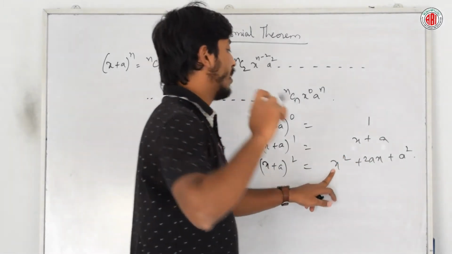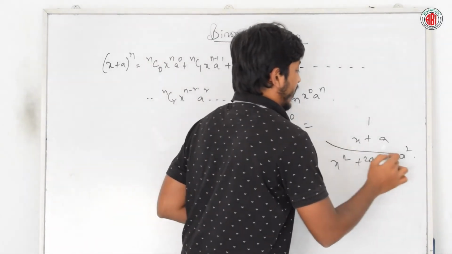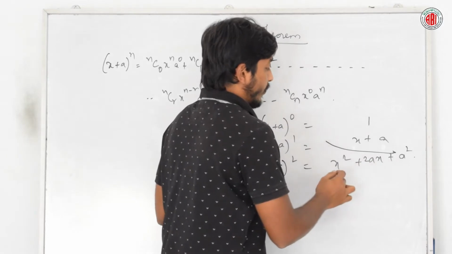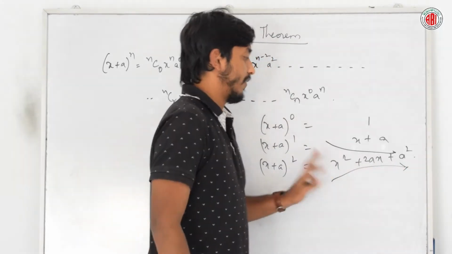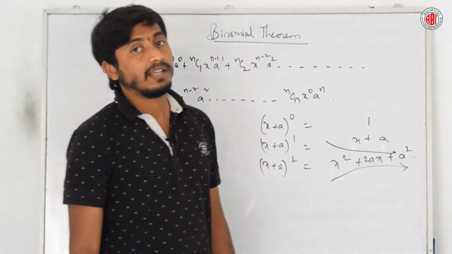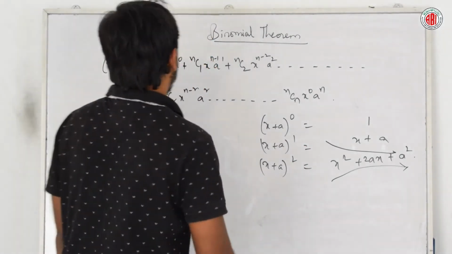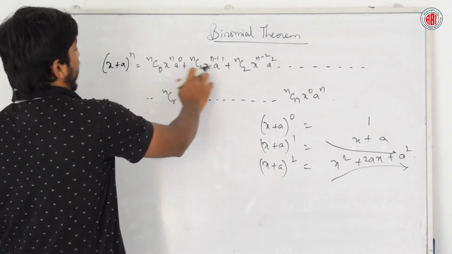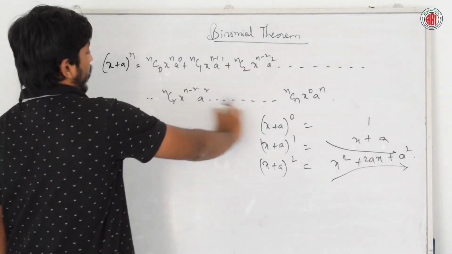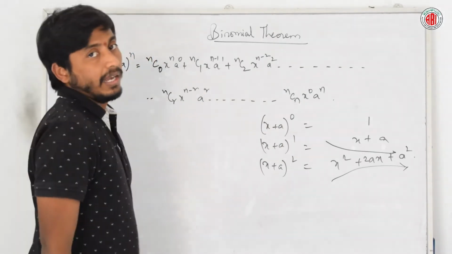Similarly here also the value of x is being reduced to 0. Here the value of a is increased to square from 0. Is it right? So similarly here also the same thing happens. Here the x power n is being reduced, power n minus 1, n minus 2 and so on up to 0. Right?